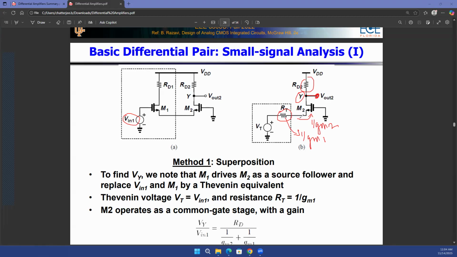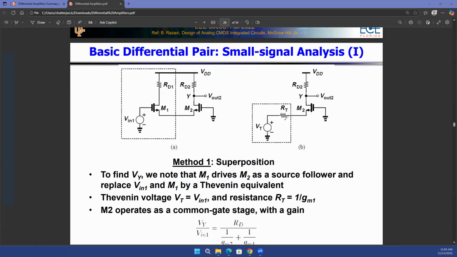Now, if you think about it, you have a 1 over GM1 resistance over here, and you have another 1 over GM2 resistance looking into this particular node. So what is the overall current that is coming out of your Thevenin equivalent voltage source and then flowing into the transistor?